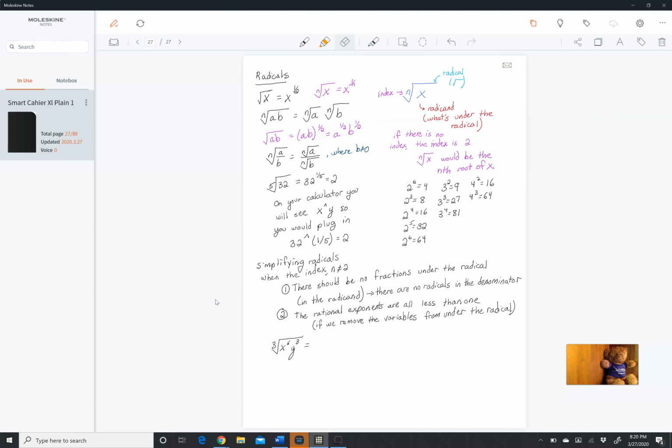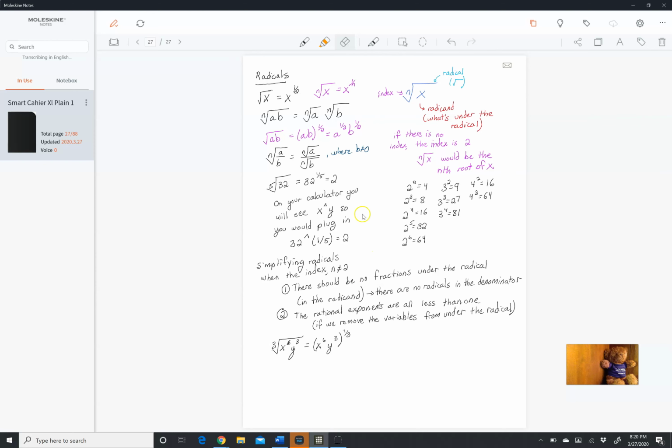In order to simplify this, essentially what we're doing is we're taking these exponents and we're dividing by the index. The reason we're doing that is that this is the same thing as x to the 6th y cubed raised to the 1/3 power.